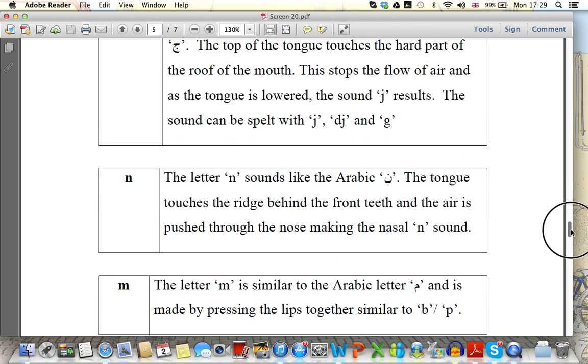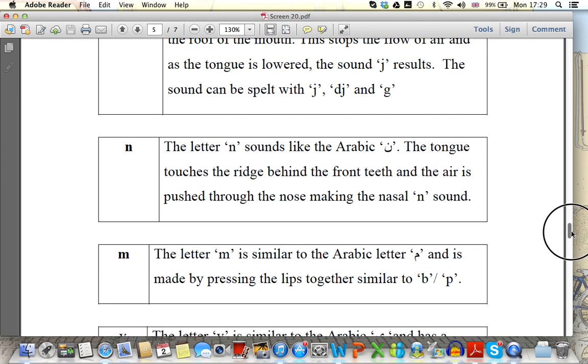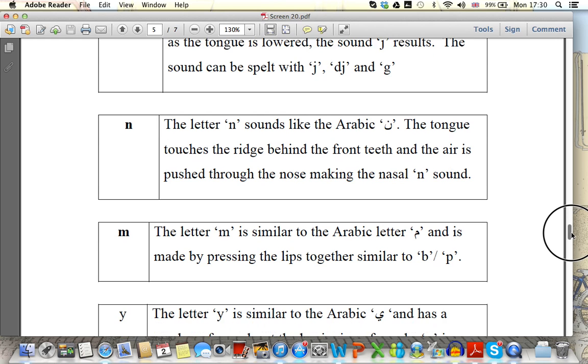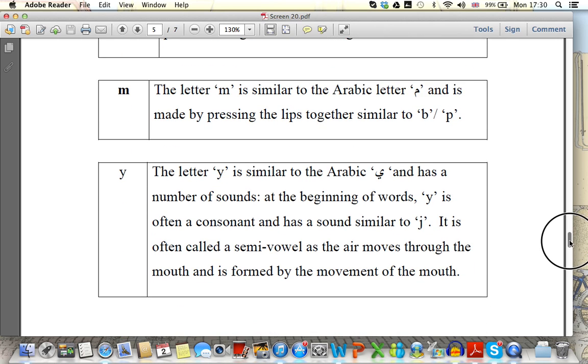The letter N is like the Arabic noon. M is similar to the Arabic letter mim. Y is sometimes similar to the Arabic ya. Now, ya in Arabic is considered a vowel, and in fact Y is actually a semi-vowel, but in English we call it a consonant.